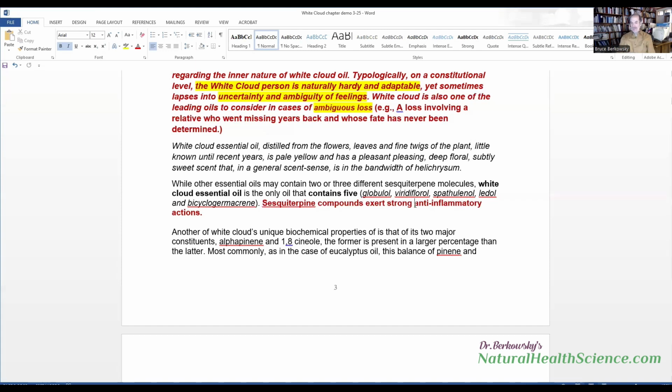This is a powerfully anti-inflammatory oil. And it lists in here what those sesquiterpenes are, if that's important to you. These are the type of things I read and immediately forget because they're on paper. There's no need for me to remember that. The only thing I need to remember is anti-inflammatory. That's the one takeaway that I get out of that.